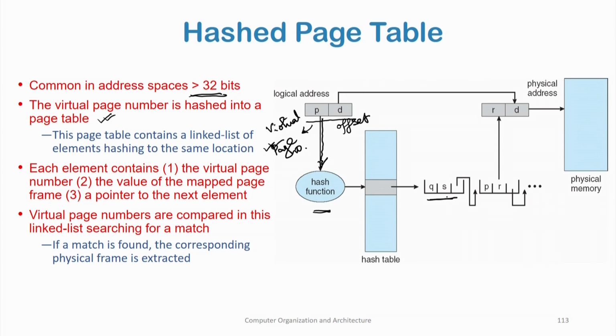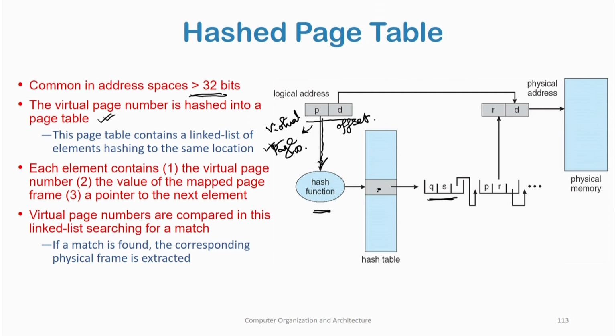So, by hashing this virtual page number, I get to an entry, and this entry contains a linked list of elements. So, the virtual page number is hashed into a page table.